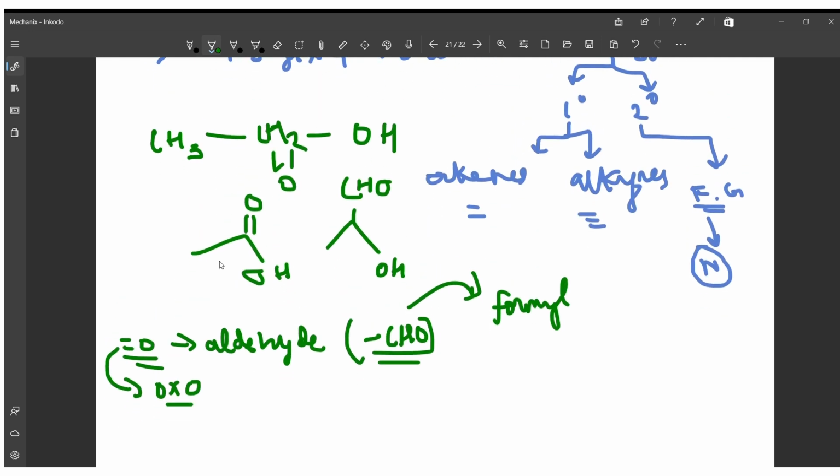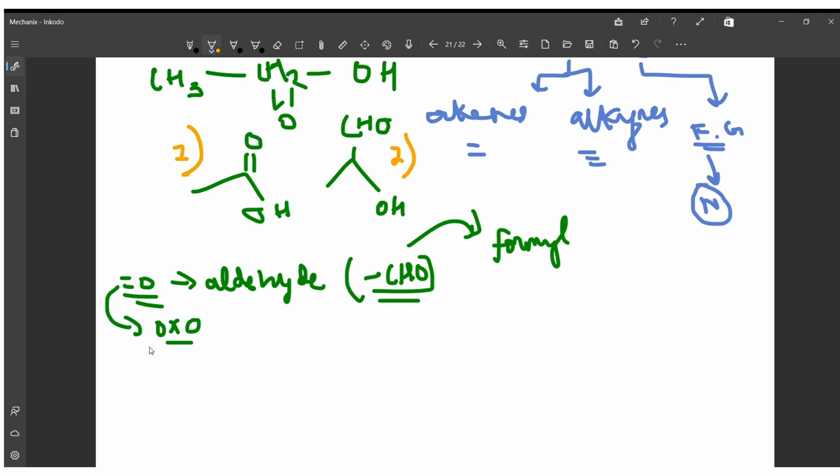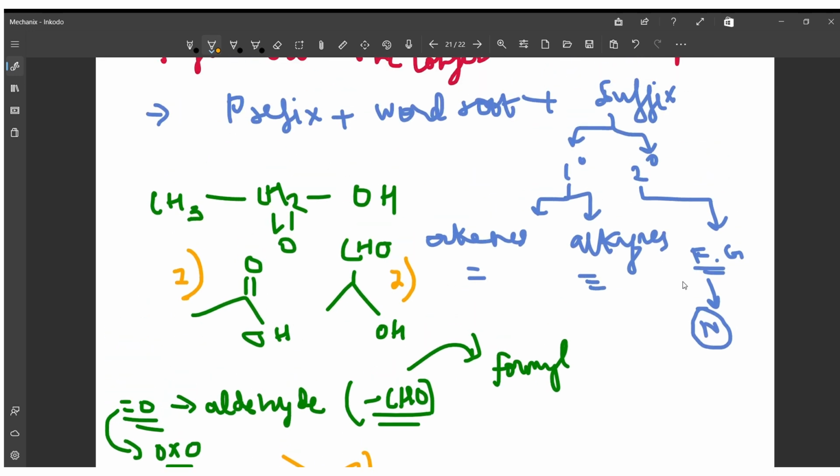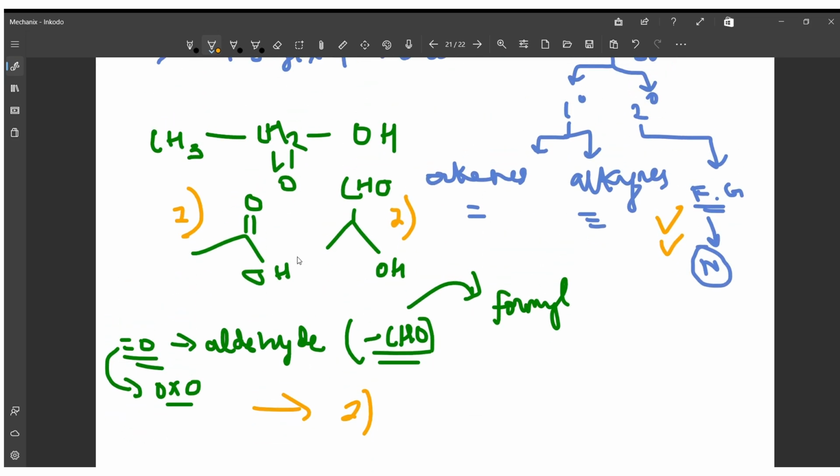So let me name this compound as compound 1, this as compound 2. So accordingly, the name of compound 1 will be according to this rule that I've said, that will start from naming the functional group. So that will be 1, 2, 3. We wouldn't actually have 1 because there's no carbon here, but for the sake of it, let us just assume that there is a carbon here.